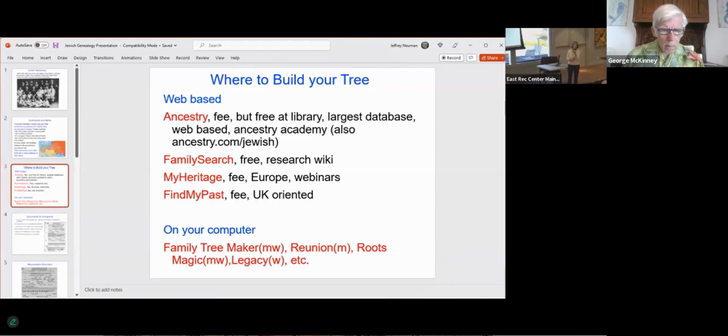It's on your computer, so if anything should ever happen to a web-based program, you still have it on your computer. And I chose Family Tree Maker because I have a Mac.